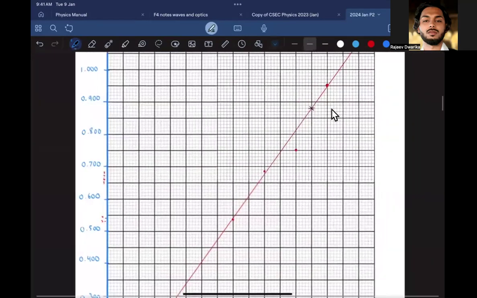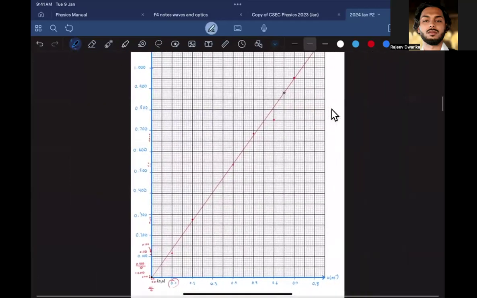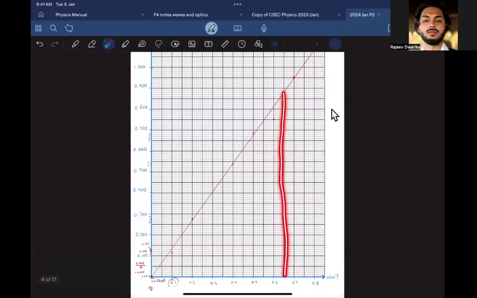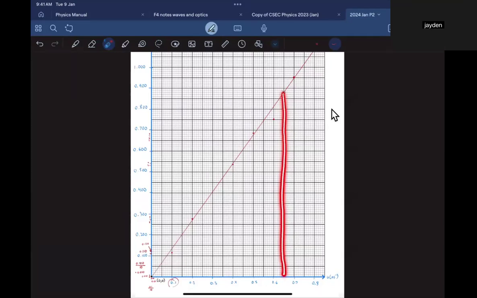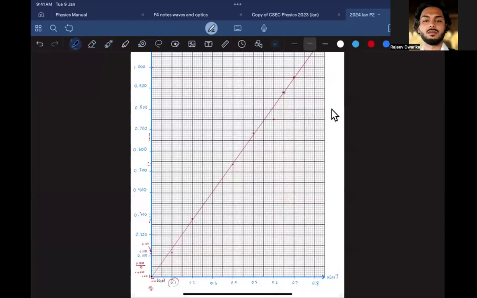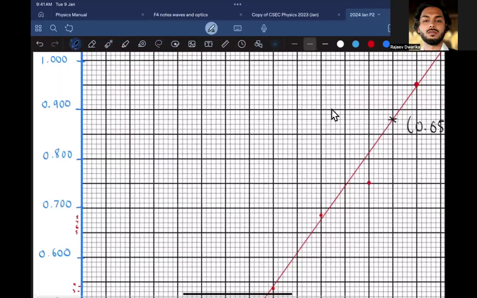Somebody had to read it off for me. What's the X value looking like? 0.65, right? So 0.65. And we need to figure out the Y value.